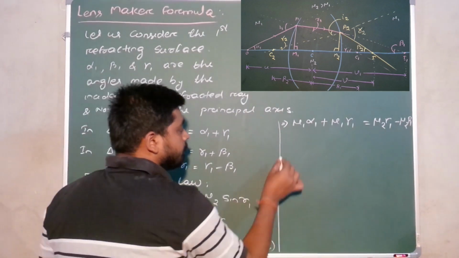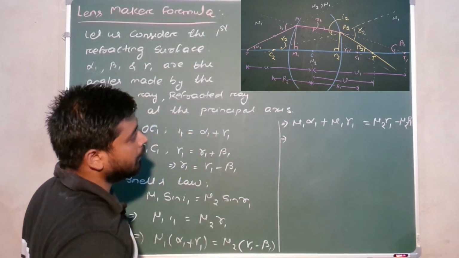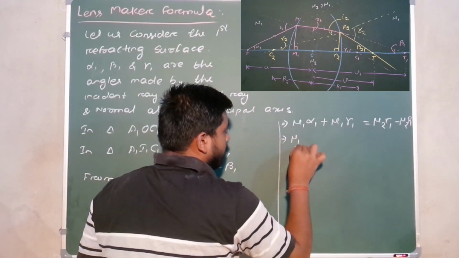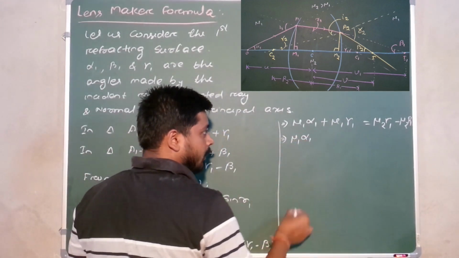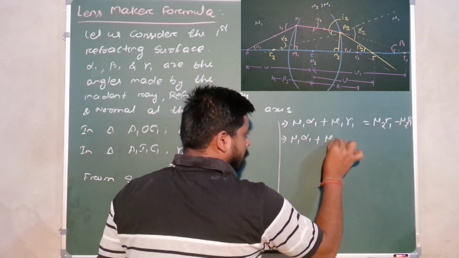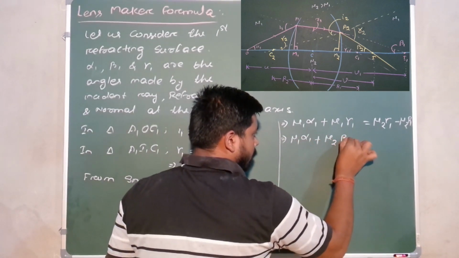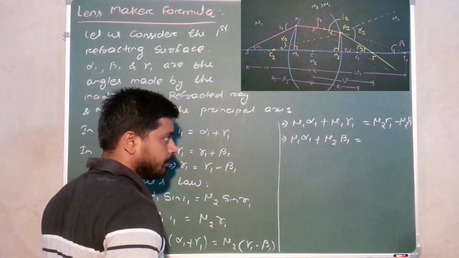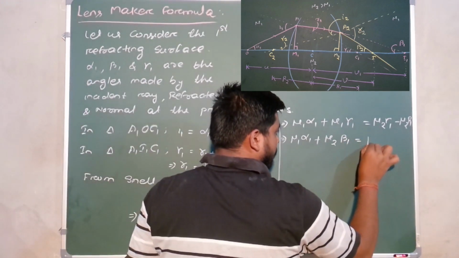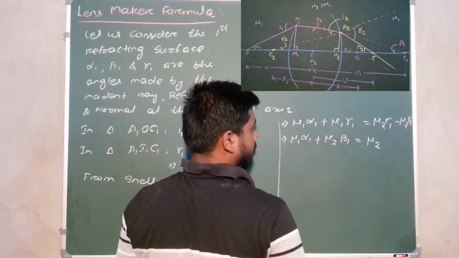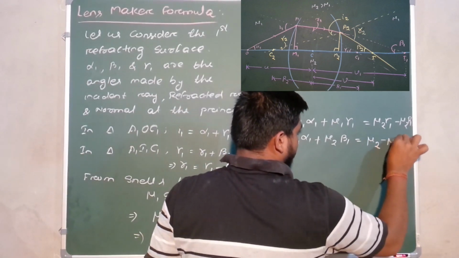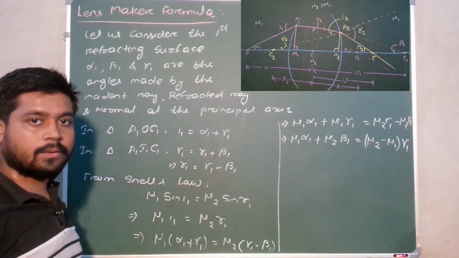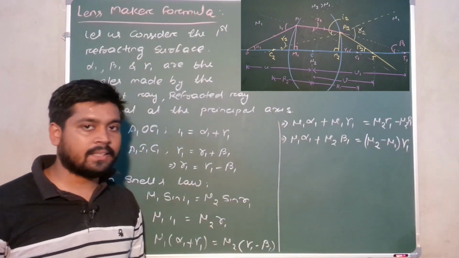Then here you can write mu 1 alpha 1 plus mu 2 beta 1 is equal to mu 2 minus mu 1, times gamma 1. Yes or no? mu 2 minus mu 1 gamma 1.